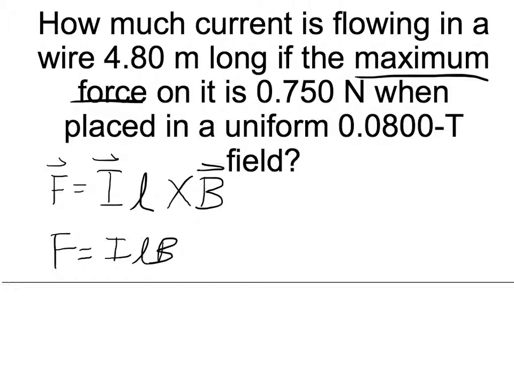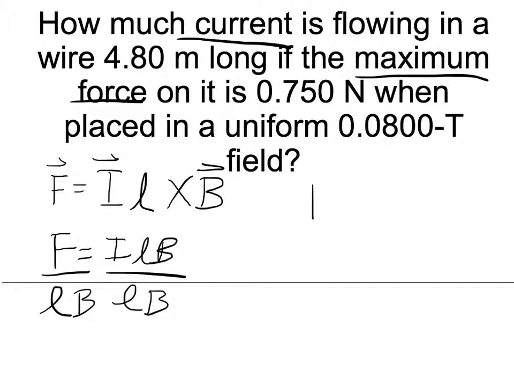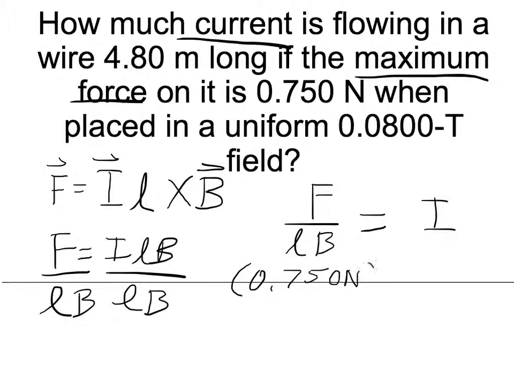So now I'm just looking for the current, so let's solve this equation for current. I'll divide by LB on both sides, and the equation turns into F over LB equals I. And so that would be, now substituting in, 0.750 newtons over 4.80 meters.